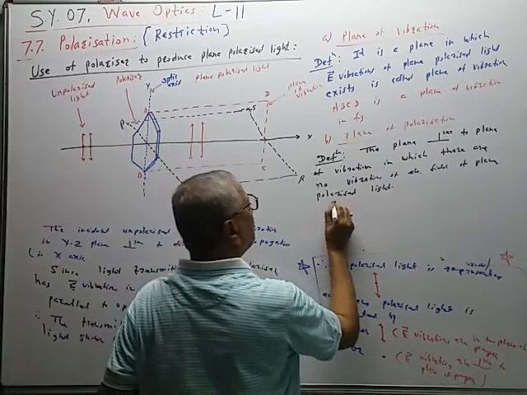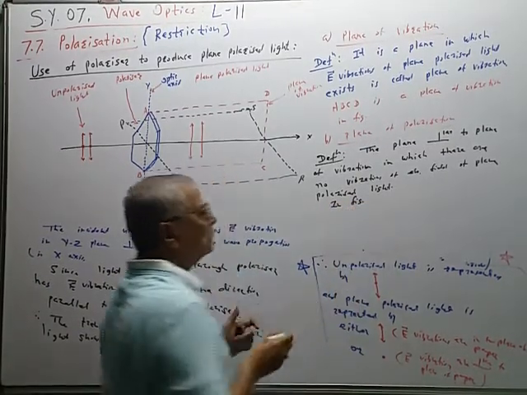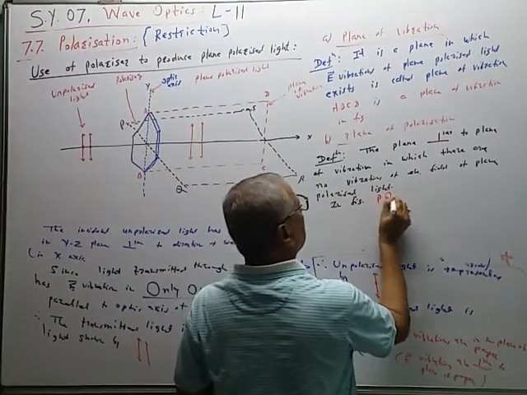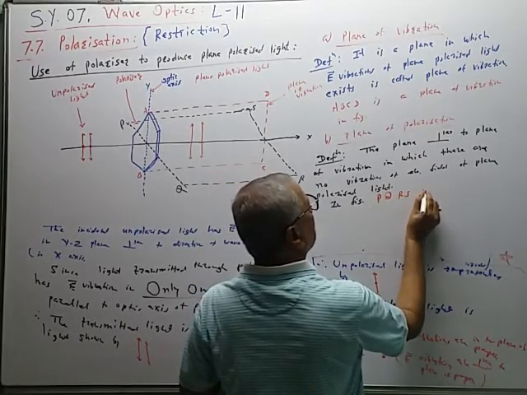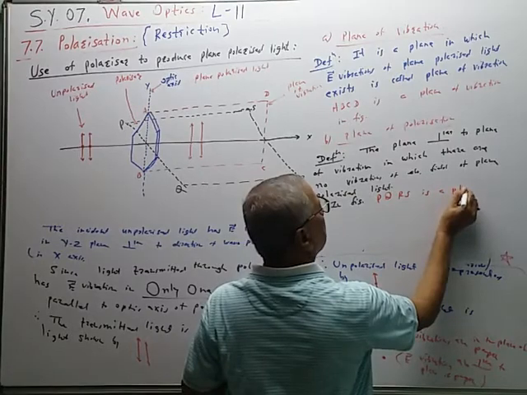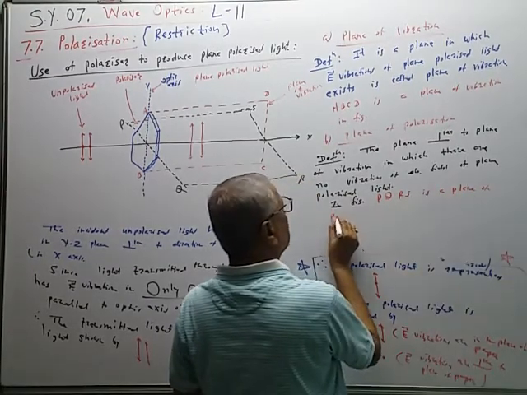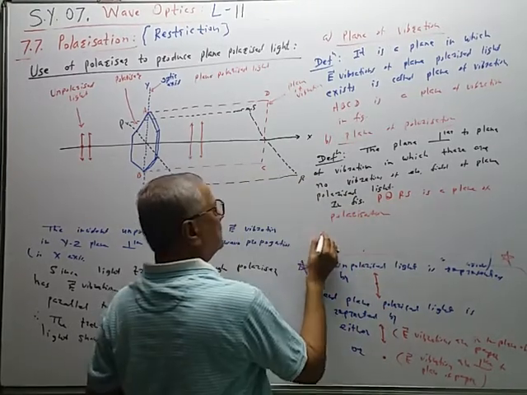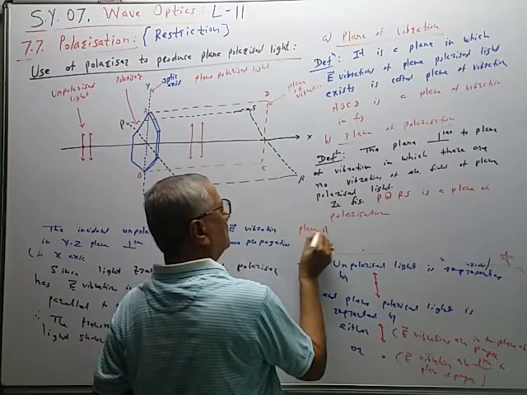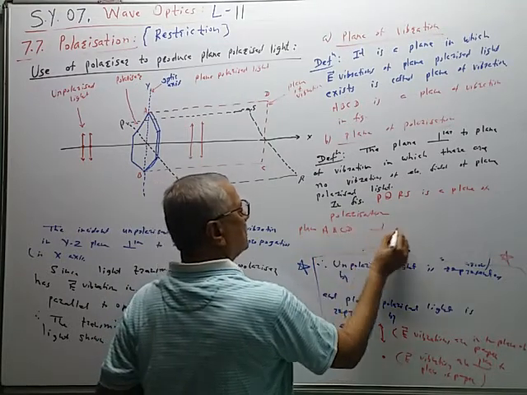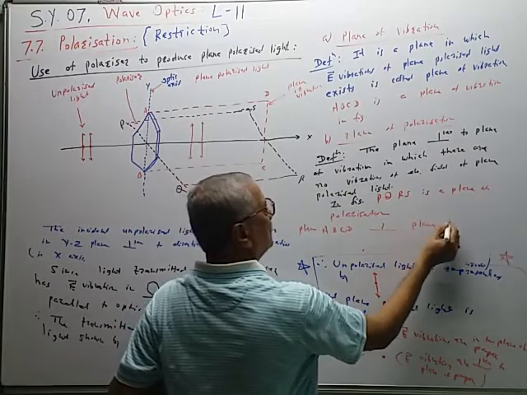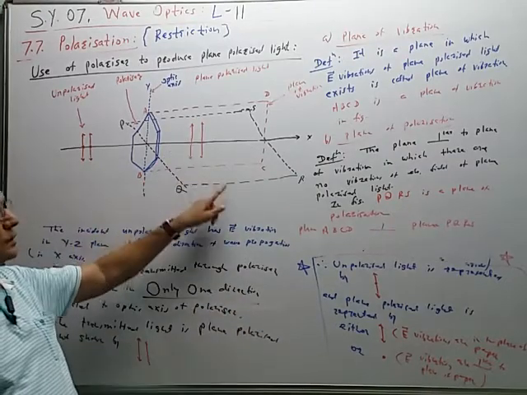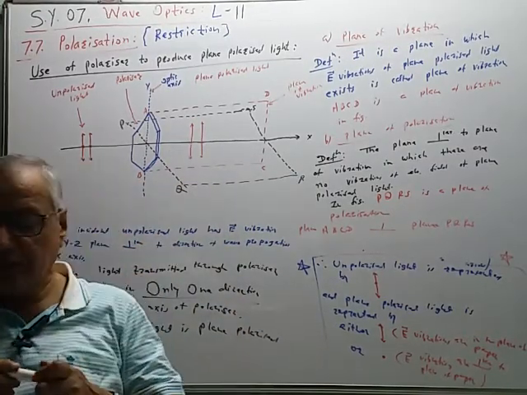So in the figure, PQRS is the plane of polarization. Plane ABCD is perpendicular to plane PQRS. Like this. E vibration exists in one, there are no E vibrations in the other. So these are the properties.